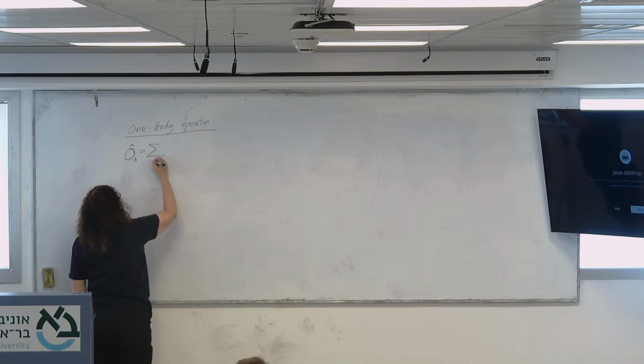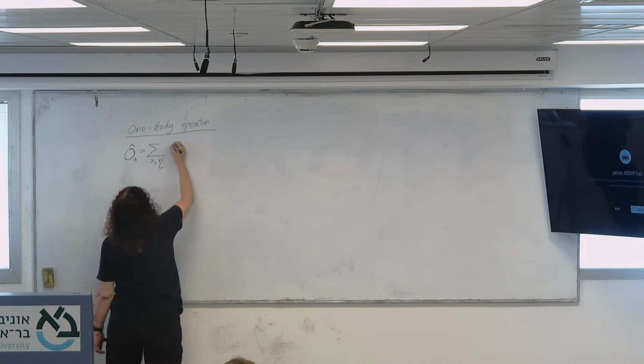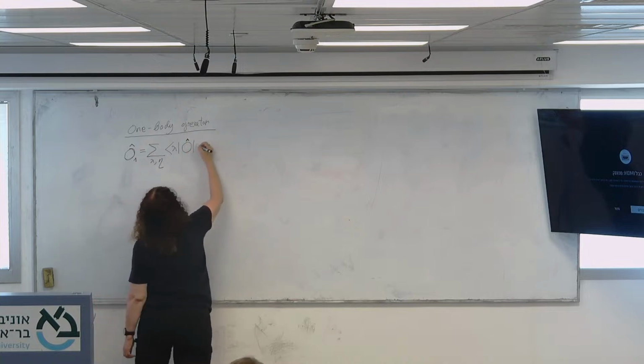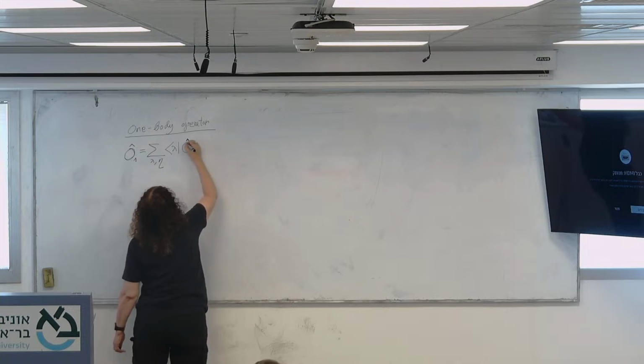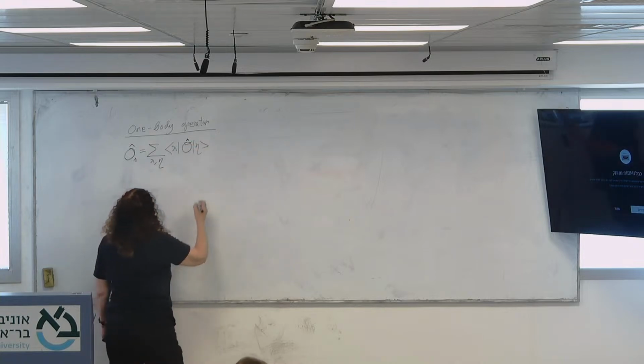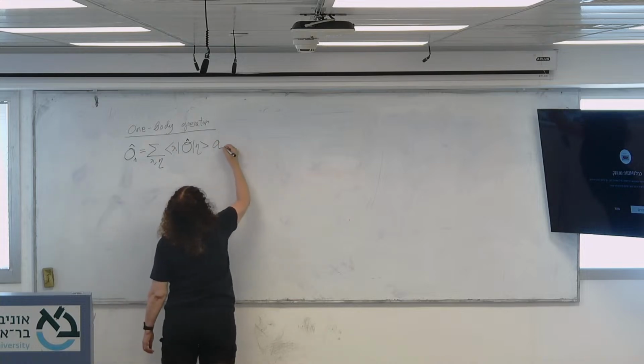You will usually have two indices, let's call them lambda and eta. Here we have this matrix element of this operator acting on single particle states, A lambda dagger, A eta.